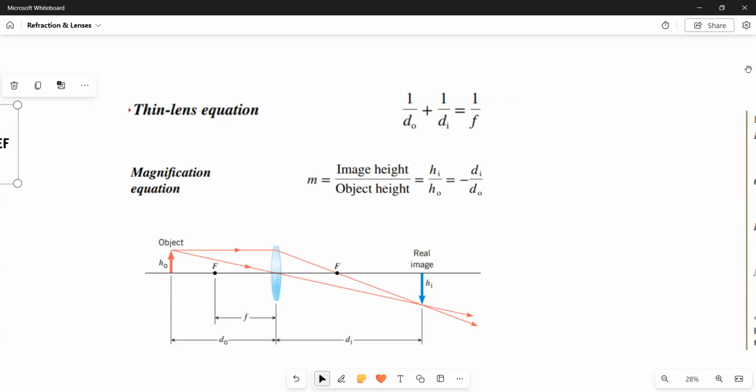And the magnification is given by these relationships: the image height over the object height, or minus the distance of the image over the distance of the object. You don't worry with the sign so much.